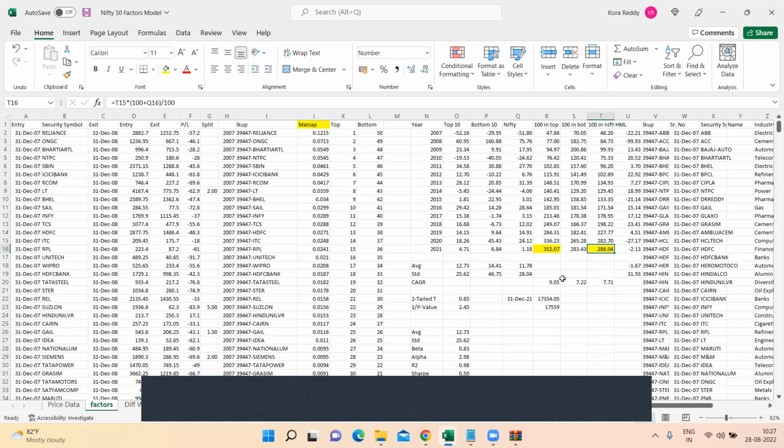And then you have average and standard deviation. The bottom stocks are highly volatile, as you can see. The top 10 stocks are the least volatile, in fact lesser than Nifty on a yearly basis.